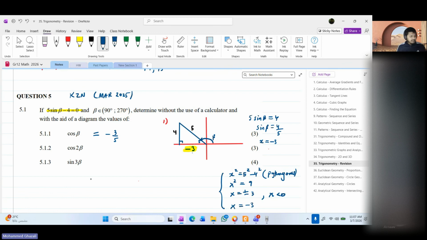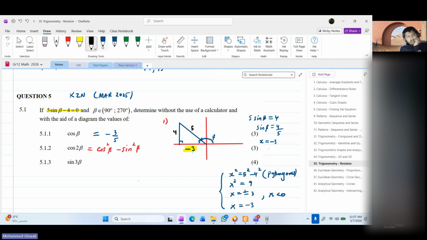Cos 2 beta, they are just applying the double angle. You can use the double angle in terms of sine or in terms of cos. I like to use the first one, cos squared beta minus sine squared beta.